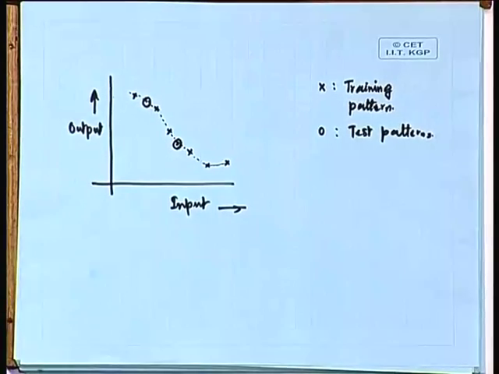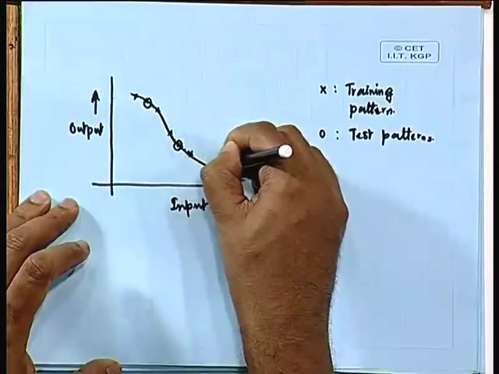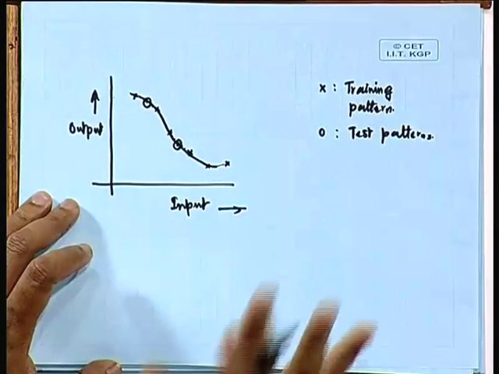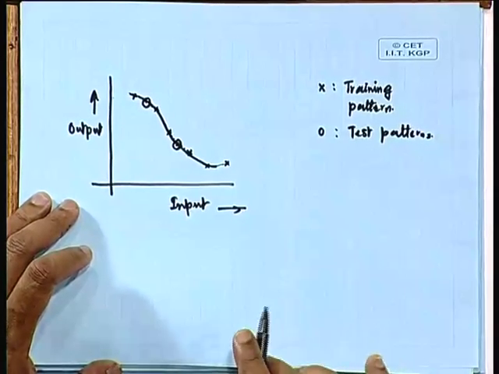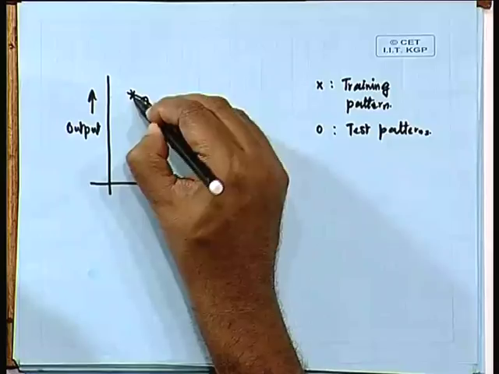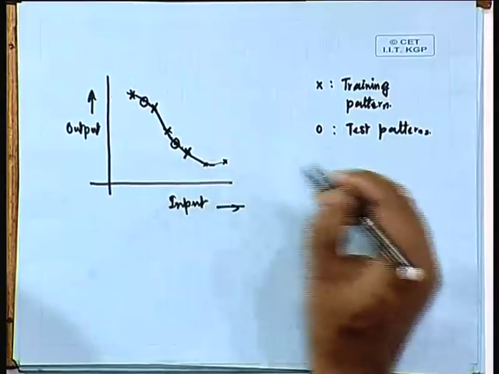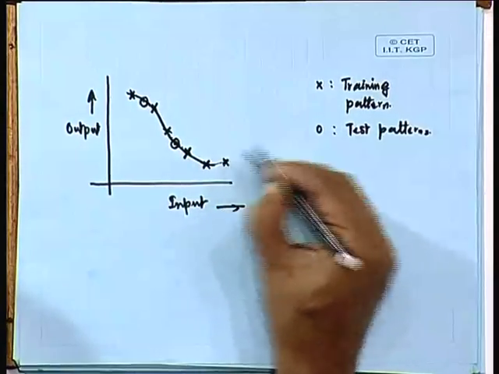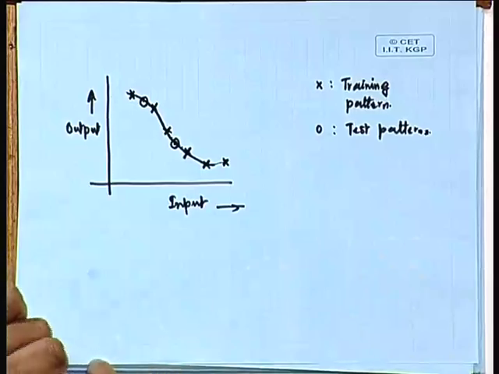Now, if the curve is like this, then for the test patterns also we are getting the correct kind of outputs. But let us say that, taking the same crosses, meaning our training pattern positions, we have realized another function which is not that well generalized.